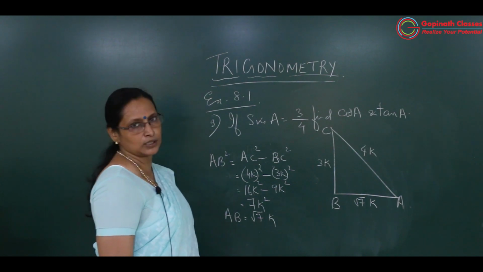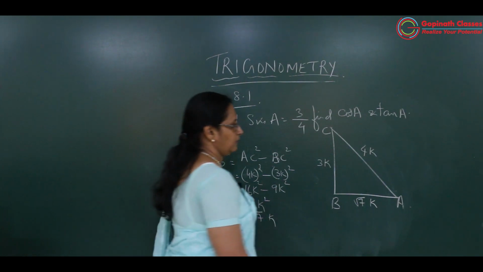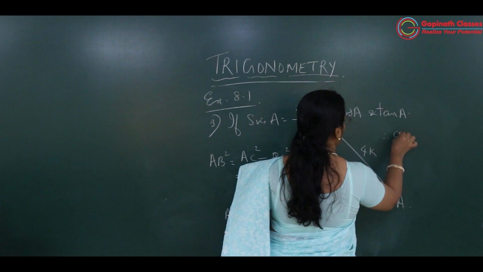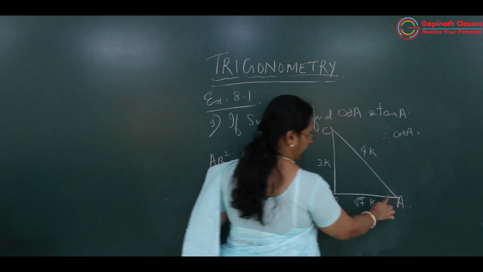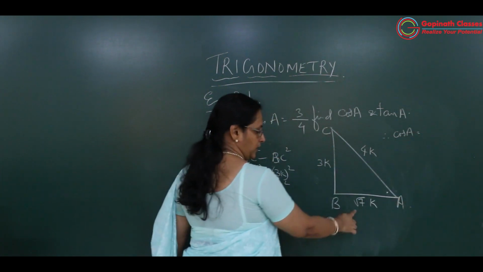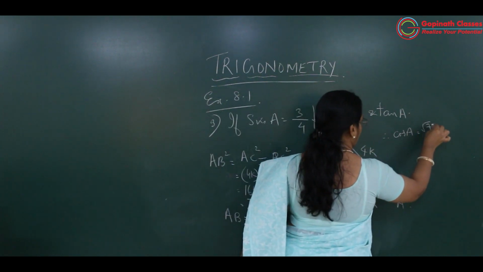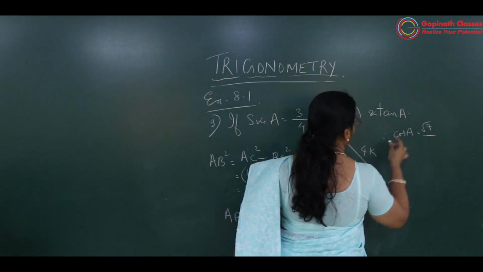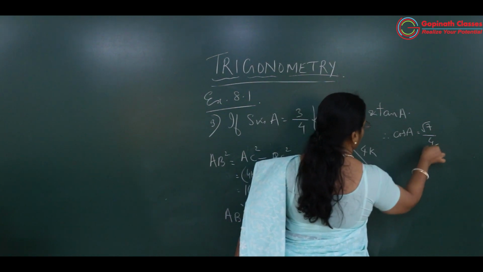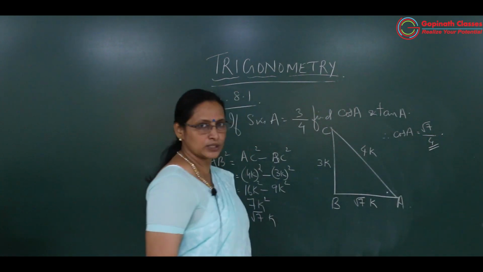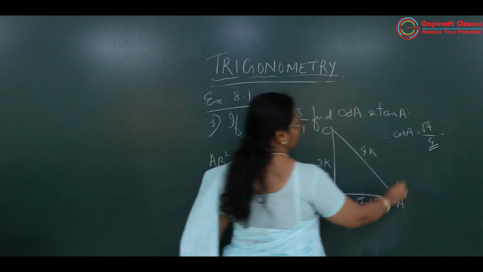Now tell me, what is cos A? Cos A is equal to adjacent side upon hypotenuse, root 7k upon 4k. The k gets cancelled. So cos A is equal to root 7 upon 4. And what will be tan A?